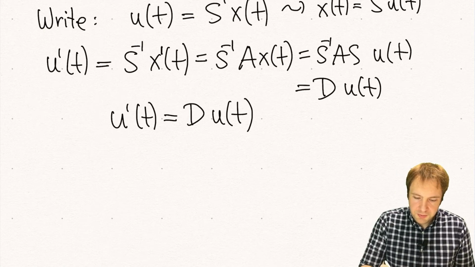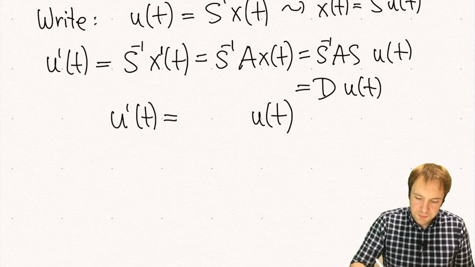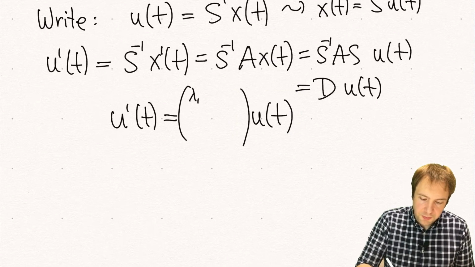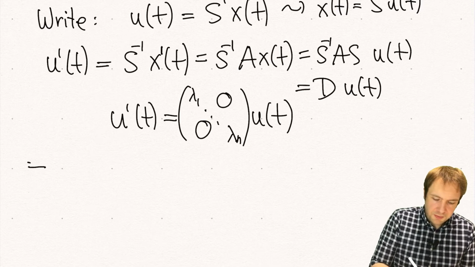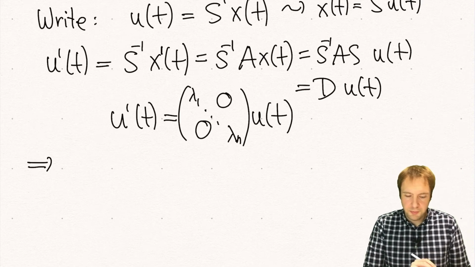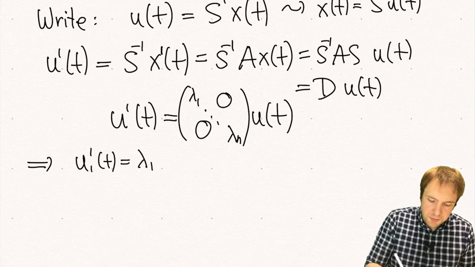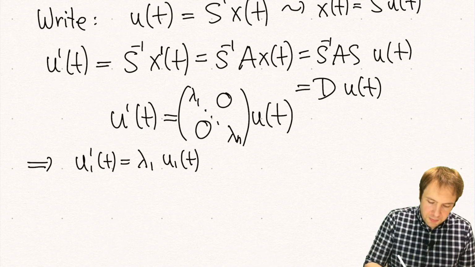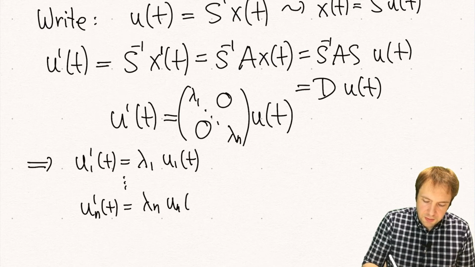Maybe instead of D, let me really write this out. This D is given by the diagonal matrix with lambda 1 up to lambda n. But this means, as in the second example, that u1 prime is just lambda 1 times u1(t), and un prime is lambda n times un(t).